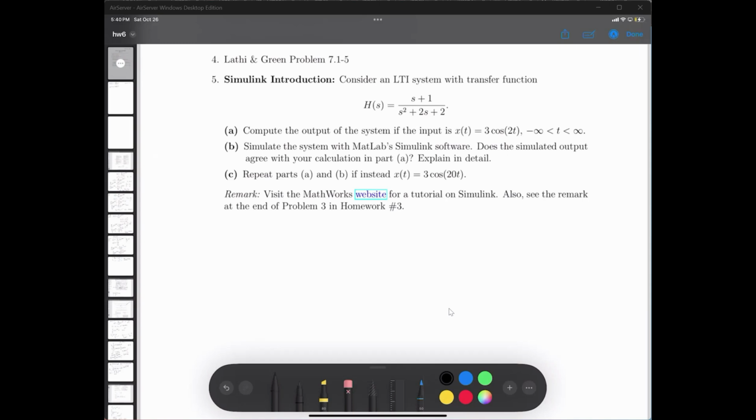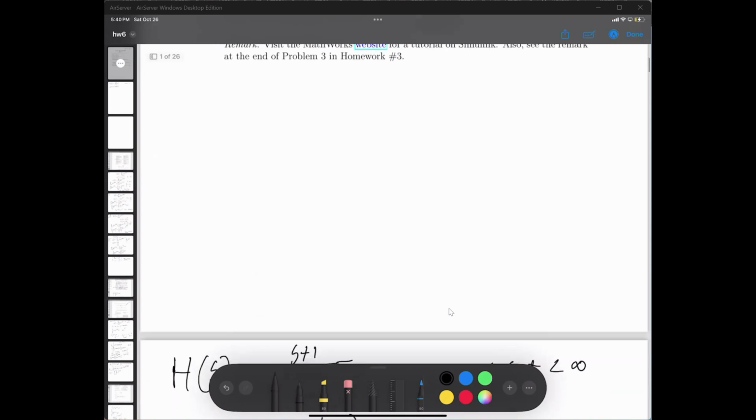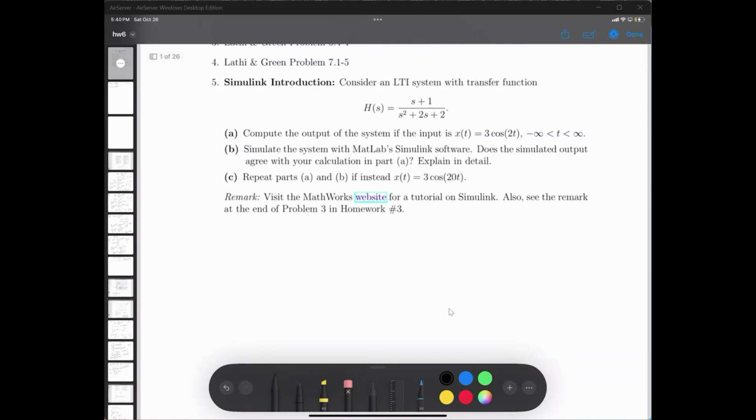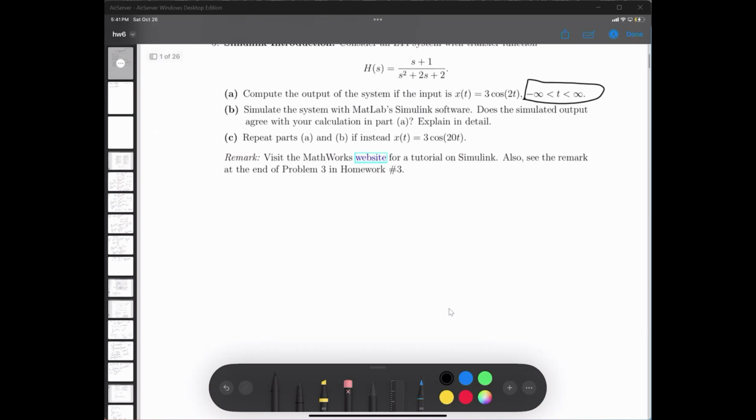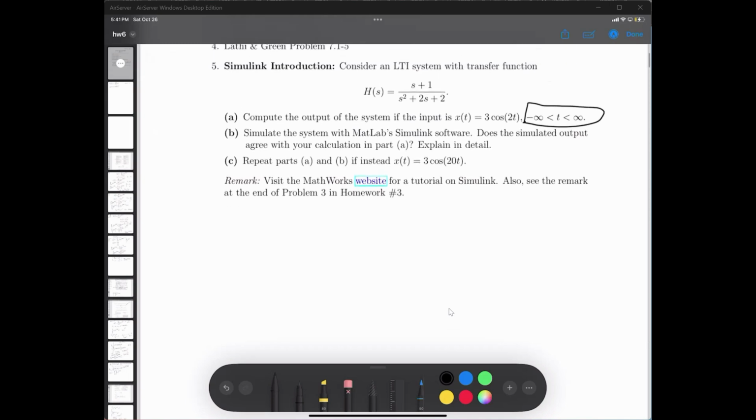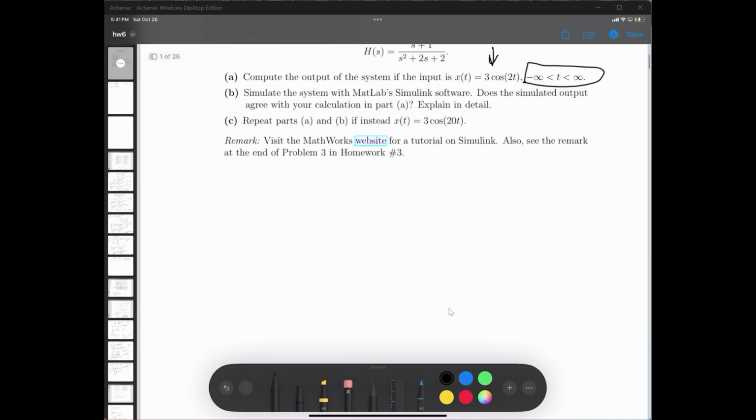So if we have an LTI system and transfer function and an input, it's important to notice these bounds, right? Your first instinct would be, oh, let me Laplace x of t and then multiply them together. You can't do that because Laplace only exists from 0 to infinity.